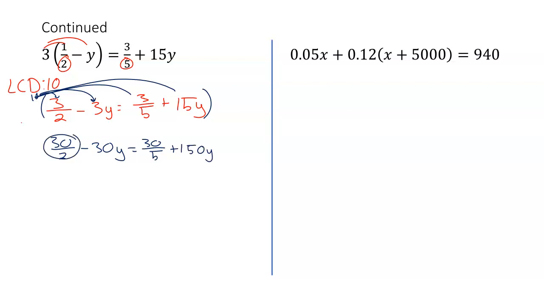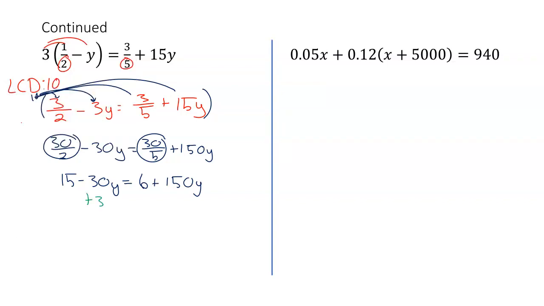What's 30 over 2? 15. What's 30 over 5? 6. And then now we can go through our normal algebraic process. Combine your variables, isolate.